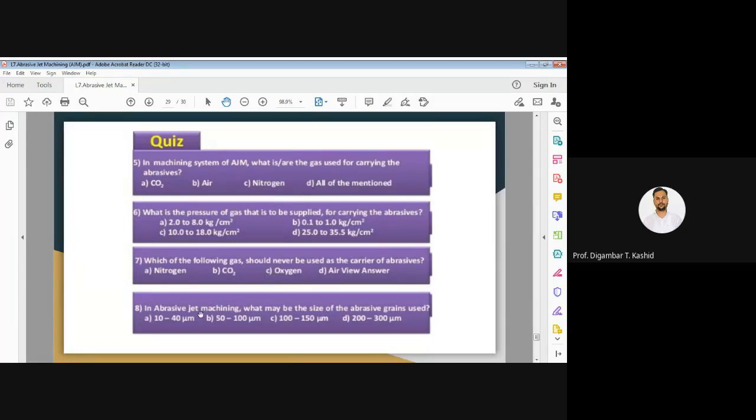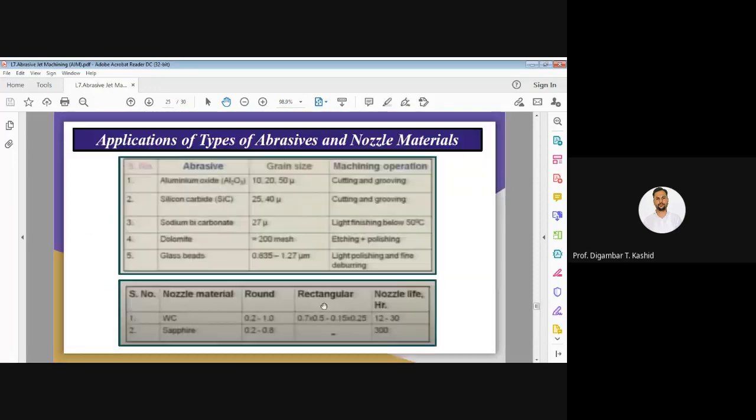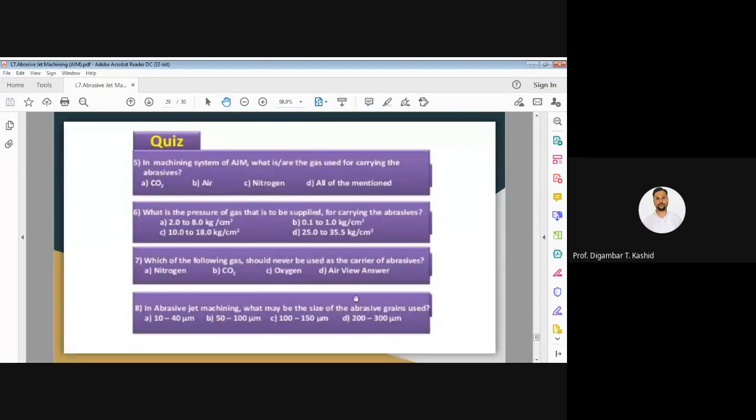Then in abrasive machining, what may be the size of abrasive grain used? Here I have shown grain size. It is in micron. So up to 5. So I think option A or B. A is correct, up to 40.